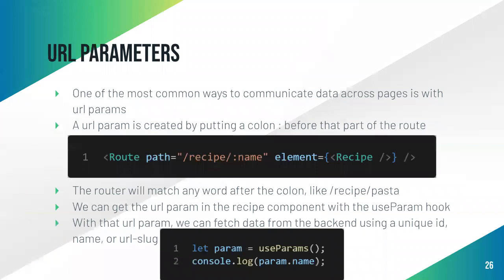So as mentioned, there are some trickier examples, like whenever we want to route to a specific URL. If we want to route to pesto cavatappi or pasta primavera, or anything that comes after recipe that is a valid recipe, we can put a colon to tell the URL that that's going to be a URL parameter. And that's how we communicate data across pages, through the URL.